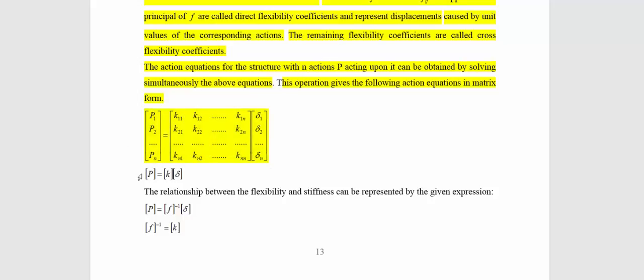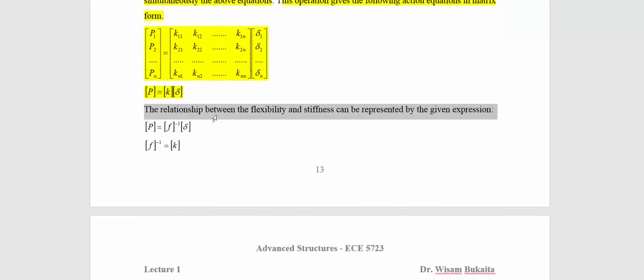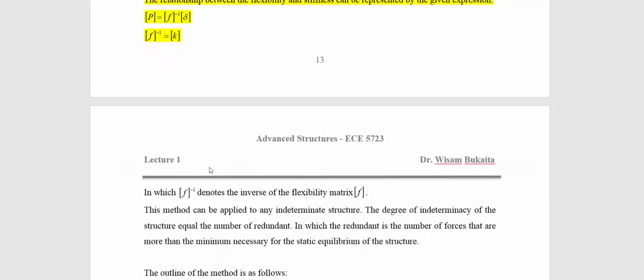P equals stiffness times delta. The relationship between flexibility and stiffness can be represented by the given expression. P equals K times delta, or F inverse times delta. F inverse, the inverse of matrix F, equals stiffness, in which F inverse denotes the inverse of the flexibility matrix F.